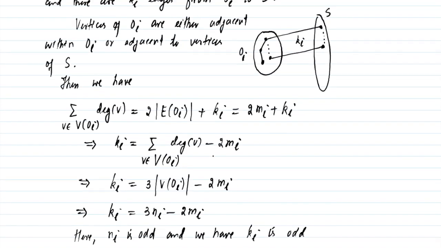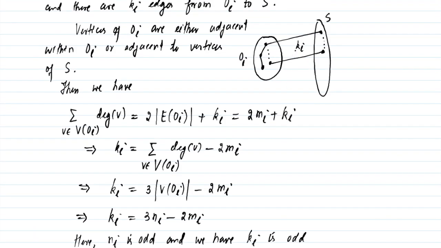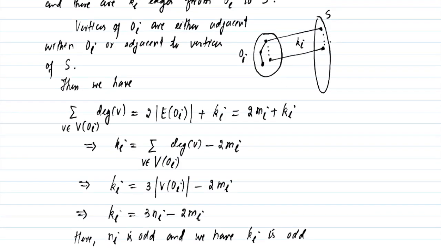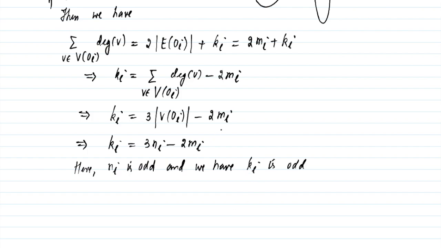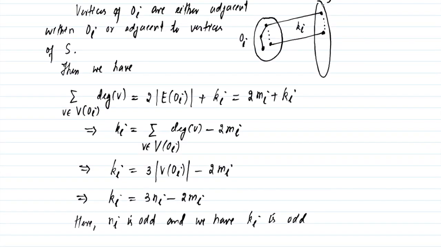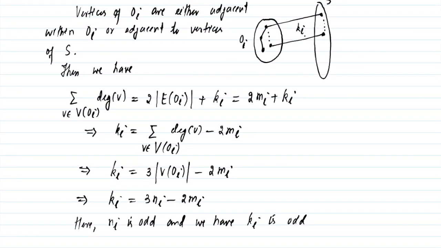But now what is our Ki? Ki is actually the number of edges from Oi to S. So hence the number of edges from Oi to S is an odd number of edges. Now this odd number can be 1, 3, 5 and so on.